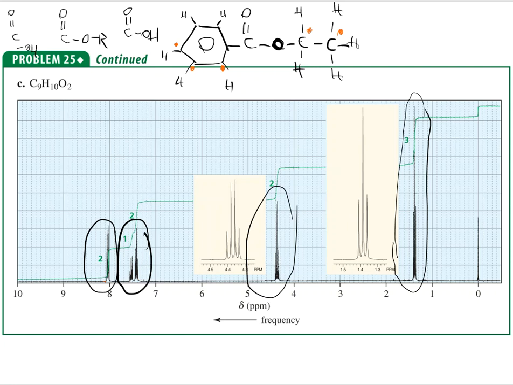So I need the furthest away from the ring and the ester group, and the furthest away would be this one, and this is probably going to be that signal there, and beside of that is a neighbor, and this is 2 hydrogens plus 1, which is a total of 3, and if I look at this, this is a triplet. So therefore, that makes sense. At least it makes me feel good because that does match up pretty well.